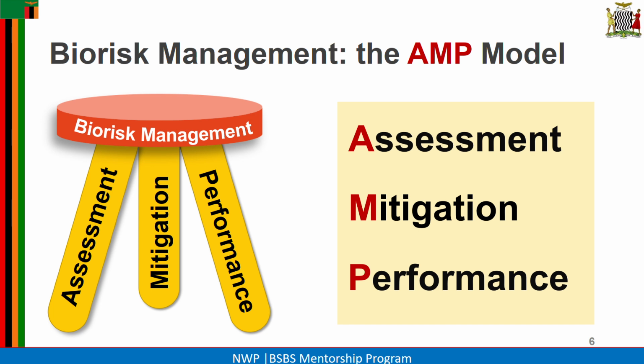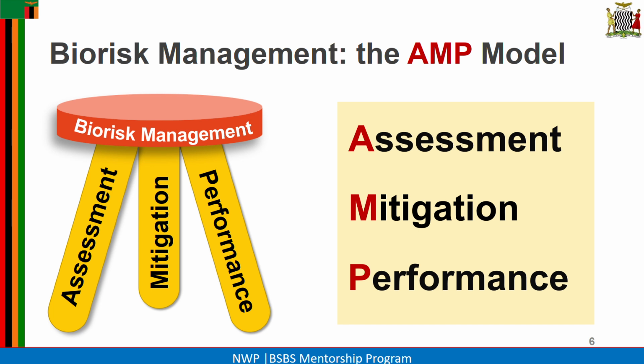This model can be likened to a three-legged stool, with the three legs being the assessment, the mitigation, and the performance, whilst the biorisk management is what sits on top of the three legs. If you have a stool, you're going to have three legs and where you're going to sit. So what you are sitting on is your biorisk management, whilst the three legs are your assessment, mitigation, and performance.